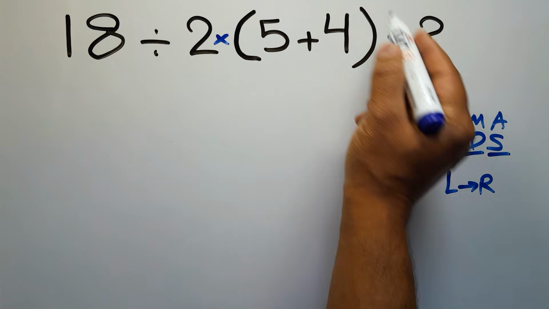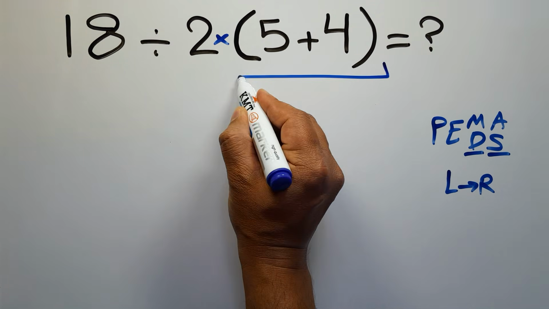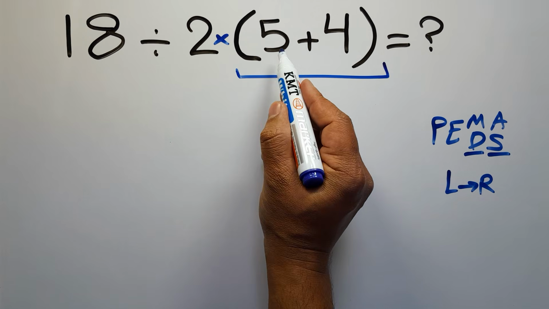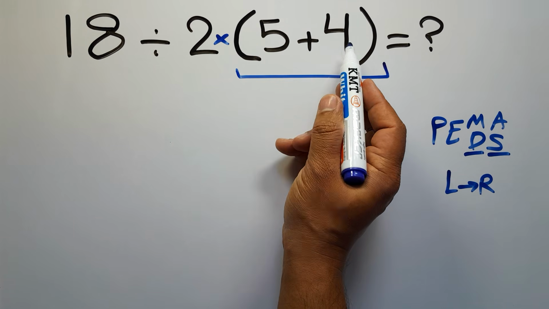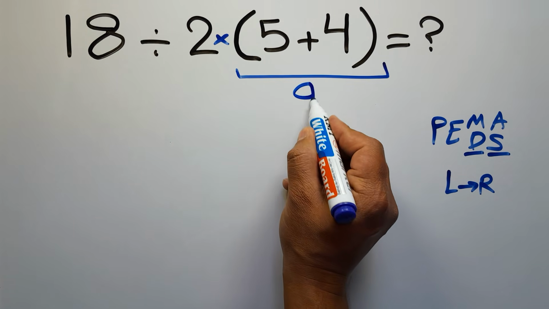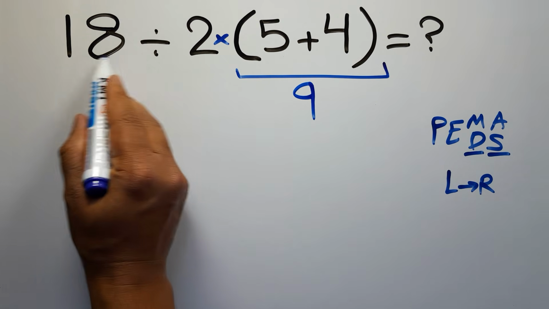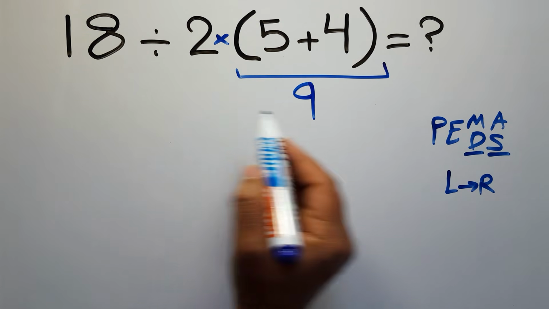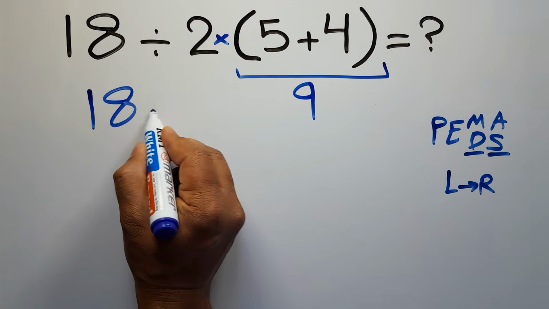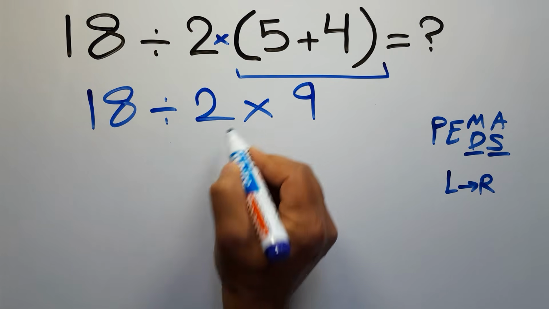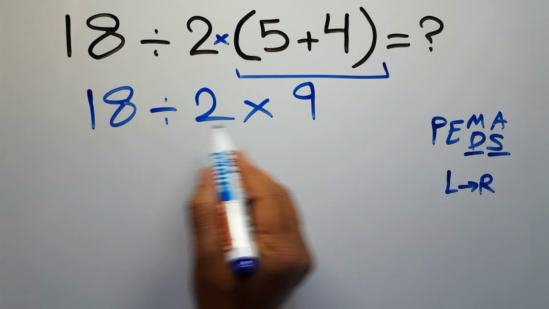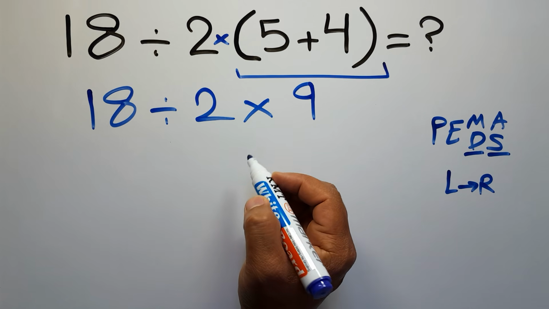So first we have to do this parentheses. Inside this parentheses we have 5 plus 4, which equals 9. So we have 18 divided by 2 then times 9. Now in this expression we have one division and one multiplication.